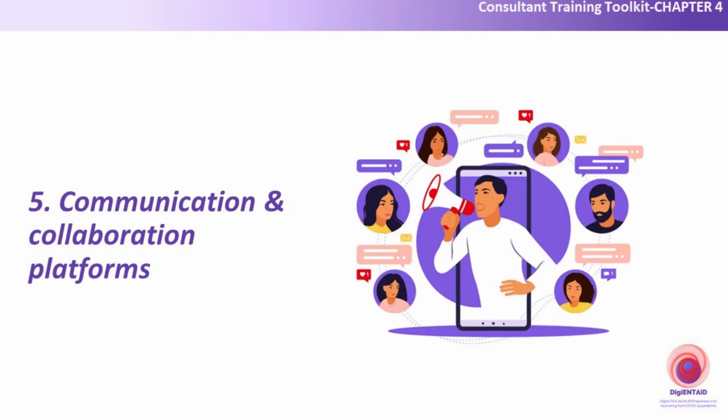The fifth part of Chapter 4 talks about communication and collaboration platforms. A collaborative platform may be defined as a virtual workspace, where online resources and online tools are centralized to facilitate communication and personal interaction in projects and everyday work.